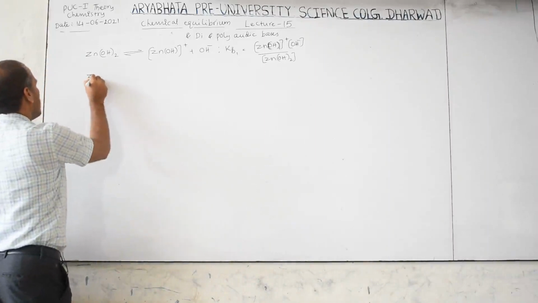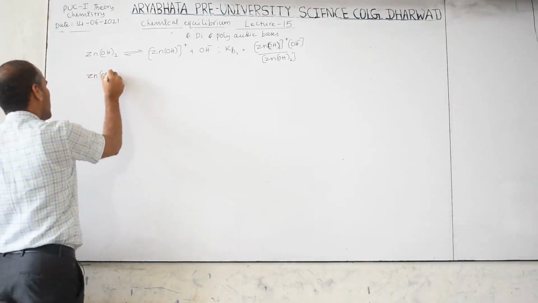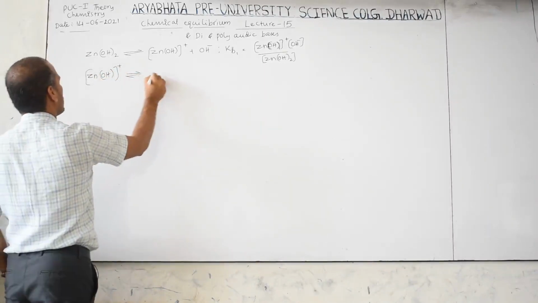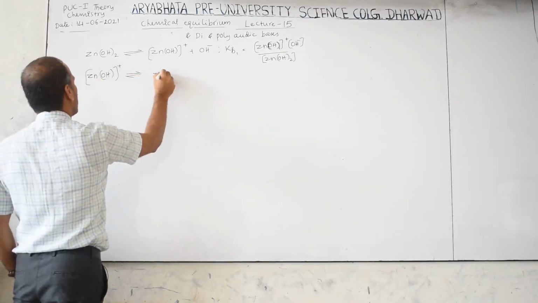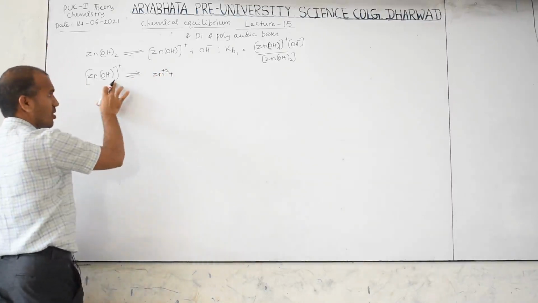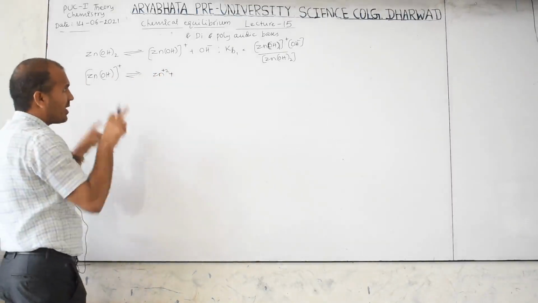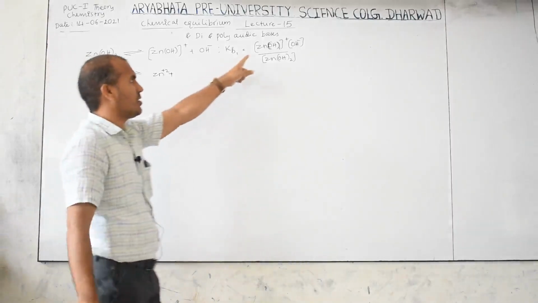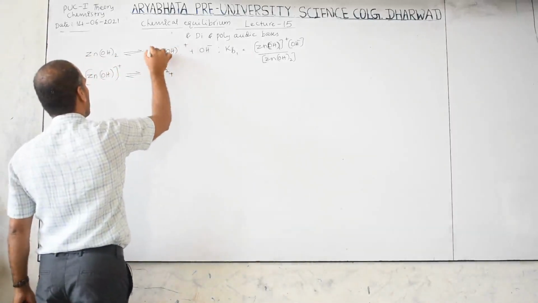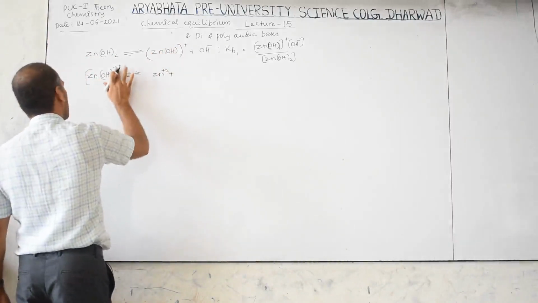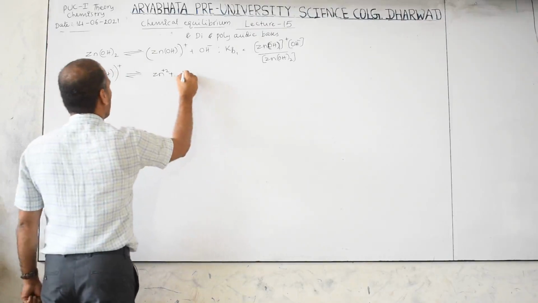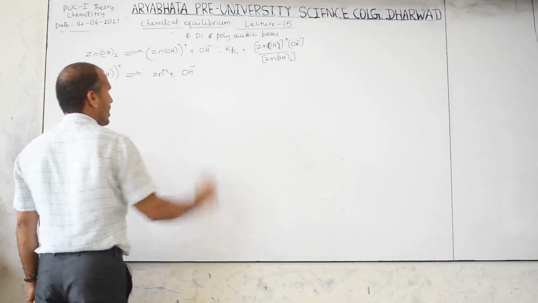Then in the second step, ZnOH plus ionizes into Zn plus 2 and OH minus.